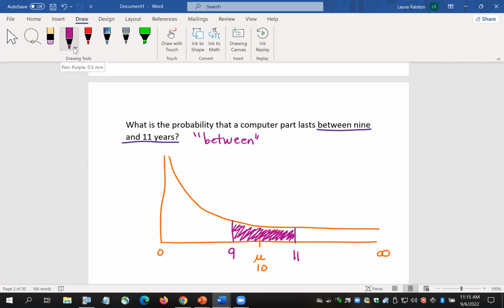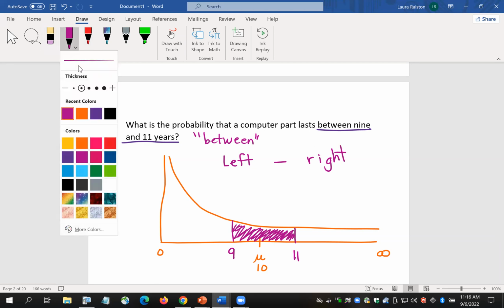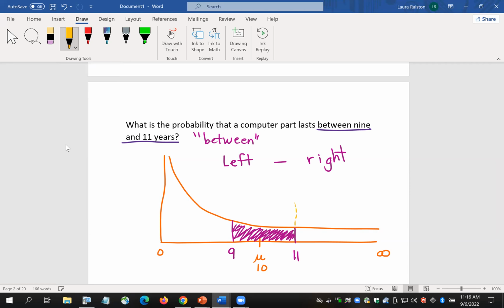To get the between, we're going to calculate the left minus the right. Let me see if I can show it to you. If I calculate the area to the left of 11, which takes me all the way back down to 0, so this is left of 11.